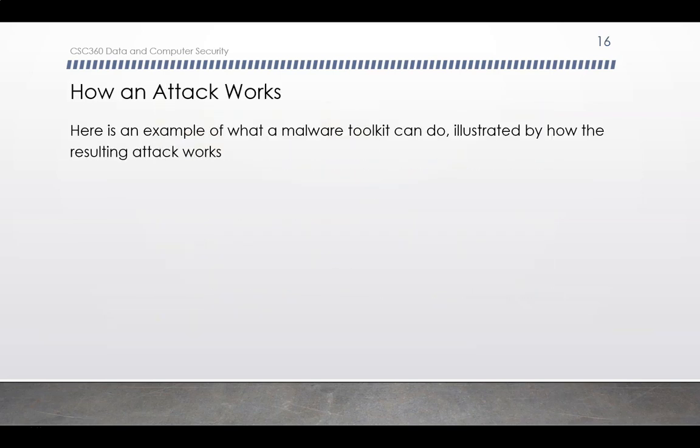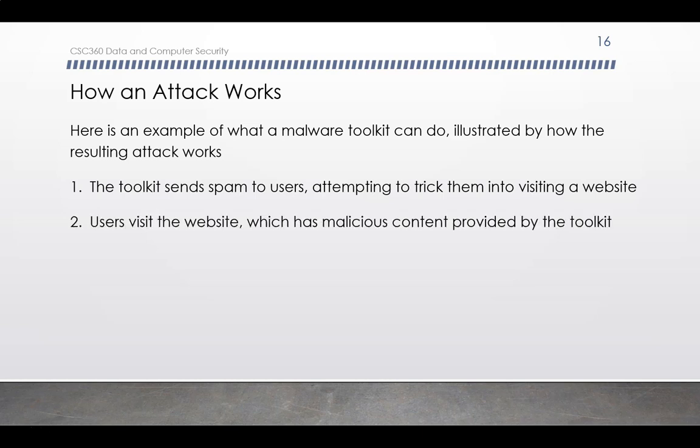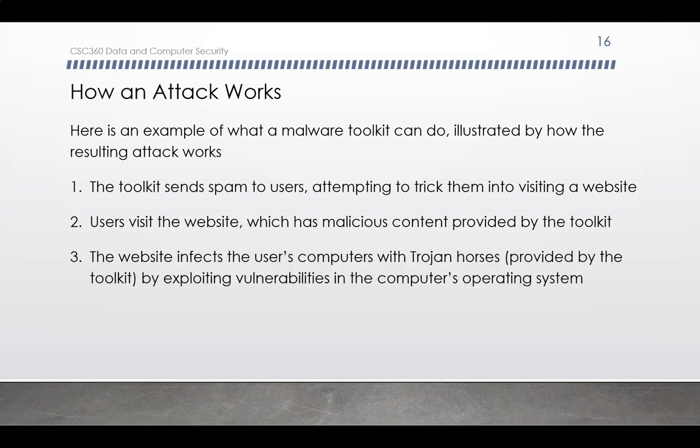So how does an attack work? Here's an example of what a malware toolkit can do. First, the toolkit sends spam to users, attempting to trick them into visiting a website. Users are lured to this website, and the site contains malicious content provided by the toolkit.